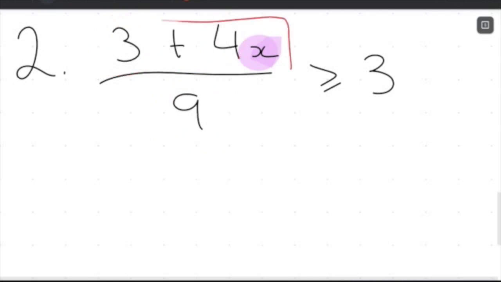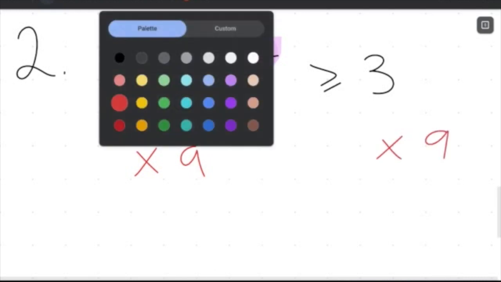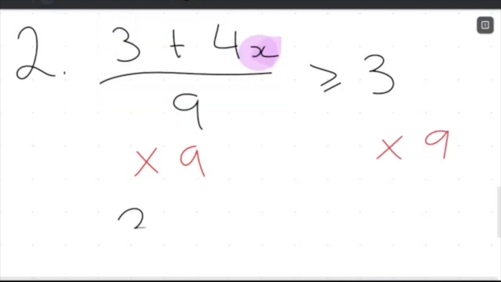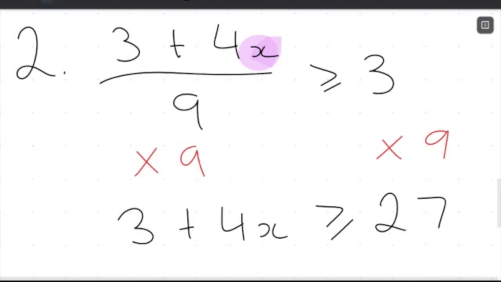So I can find what this numerator was before dividing by 9 by doing the opposite operation, by multiplying by 9. So I'm going to multiply both sides by 9, and I get 3 plus 4x is greater than or equal to 27.